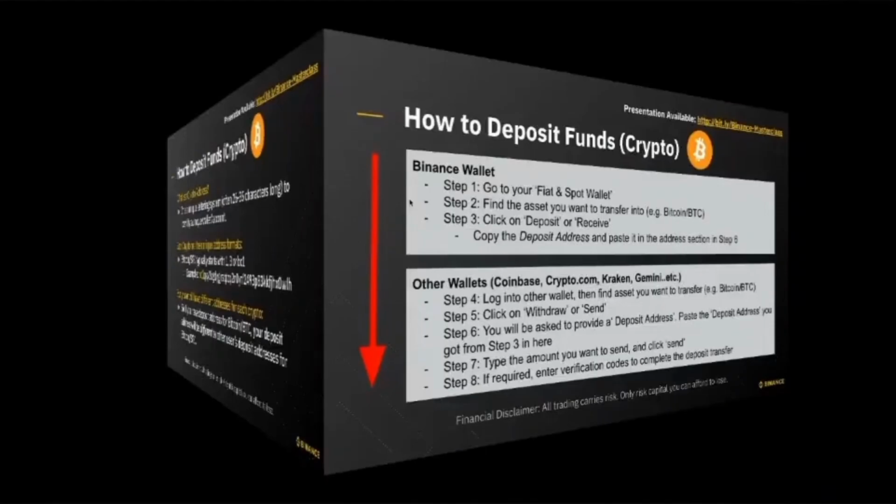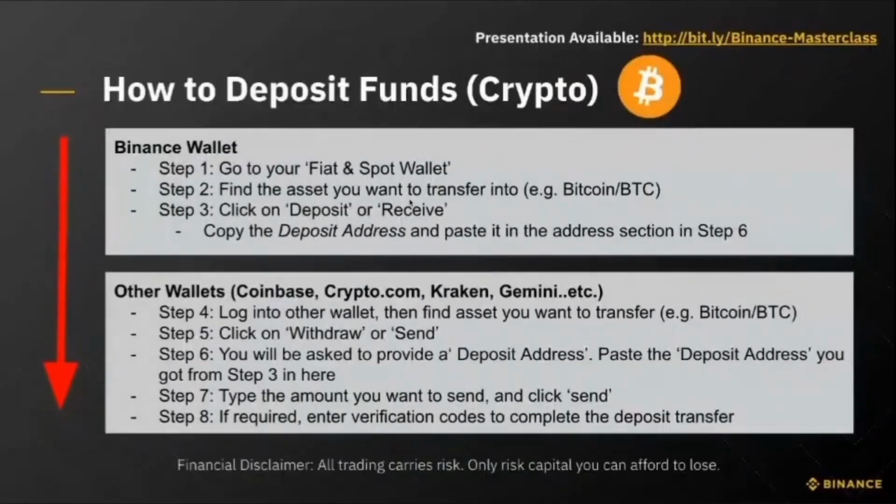So moving on to the next slide, again, this is quite a lot, but I think this is really good for referencing if you do want to deposit funds. This is just a step-by-step process. Essentially, what I've done here is just Alice and Bob, but instead of Alice and Bob, I've put Binance Wallet and other wallets. In this case, Binance Wallet is Bob and other wallets is Alice. You want to send money from other wallets to your Binance Wallet.